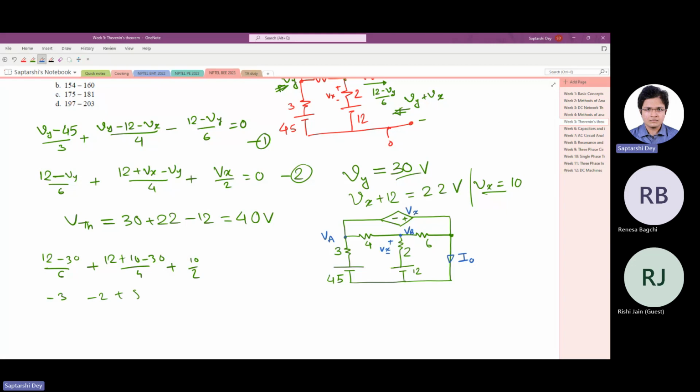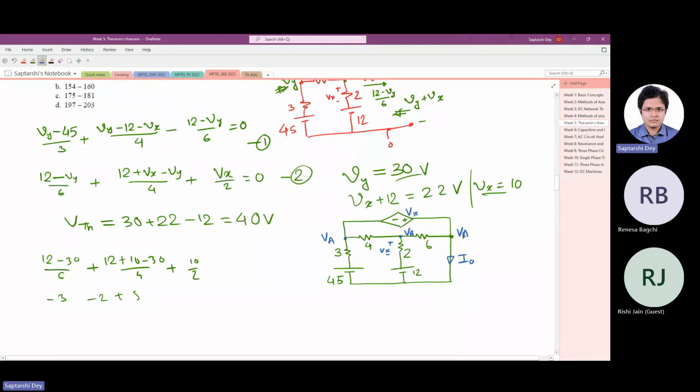We will find out the equivalent circuit only when we get the short circuit current. So this I naught we have to find out. This is the short circuit current. We have short circuited that node and now we are trying to find out the current. So we have VA and VB, and we know that this is VA plus VX.